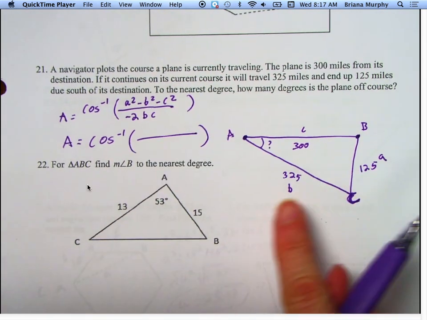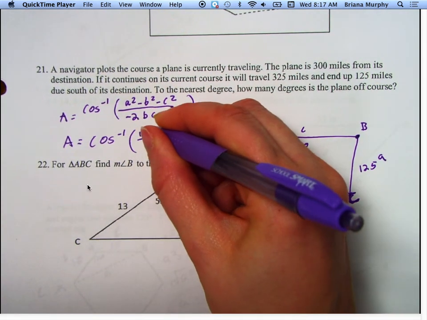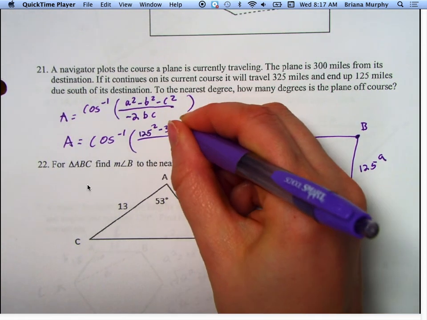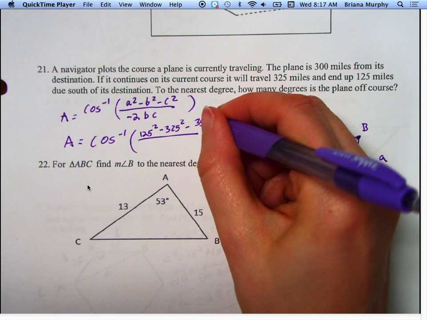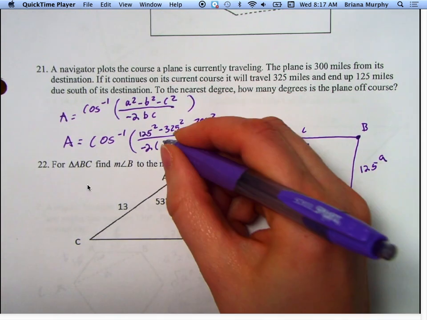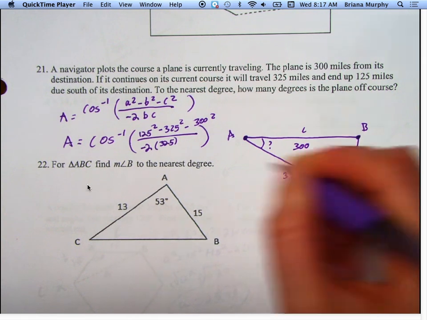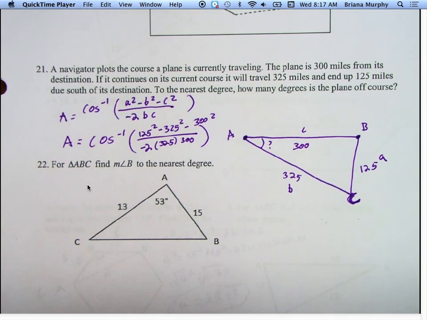A equals cosine -1, and I'm going to do what now? Plug it in. So instead of a squared, I'm going to use 125 squared minus 325 squared minus 300 squared all over -2 times 325 times 300. So remember, I hit trig, cosine of -1.